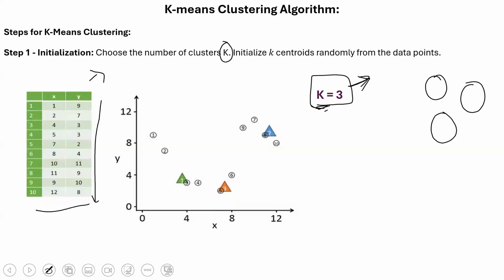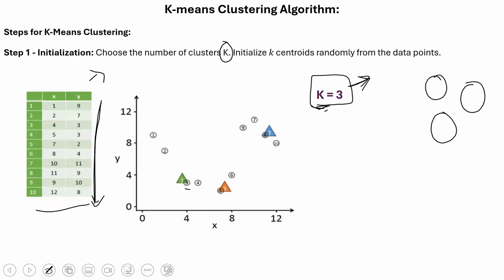Once k is set to 3, you choose k different points from your data set as centroids. You have 10 different points here, and out of these 10 points I pick three different centroids.